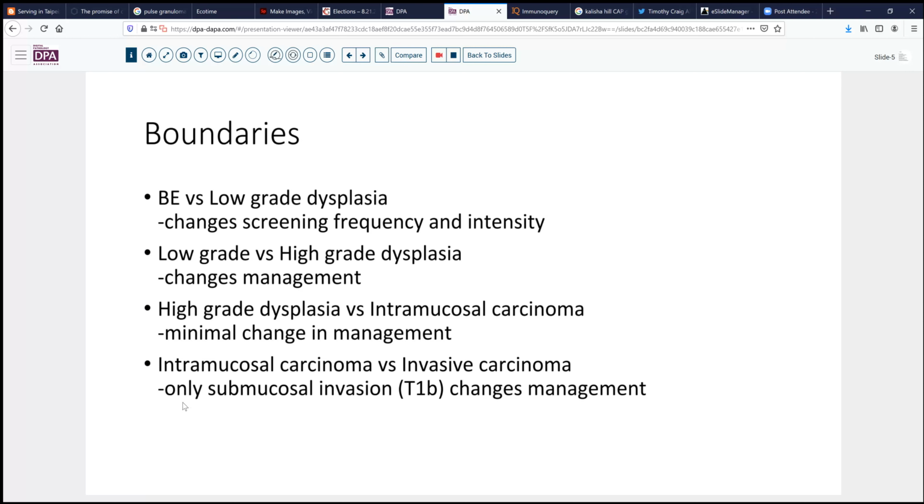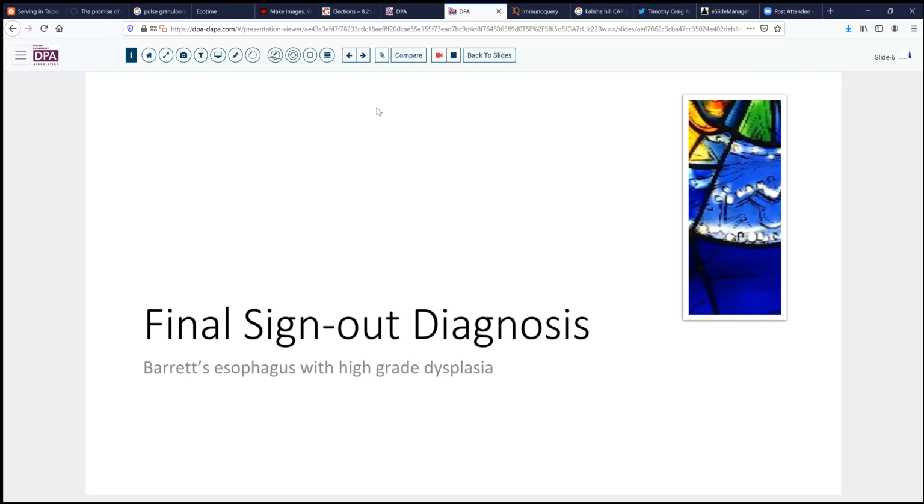The only real difference comes when we have established either clinically or microscopically that the lesion invades beyond the muscularis mucosa and hence is at least a T1b, because that then becomes a more surgical disease rather than an endoscopically superficially managed disease.